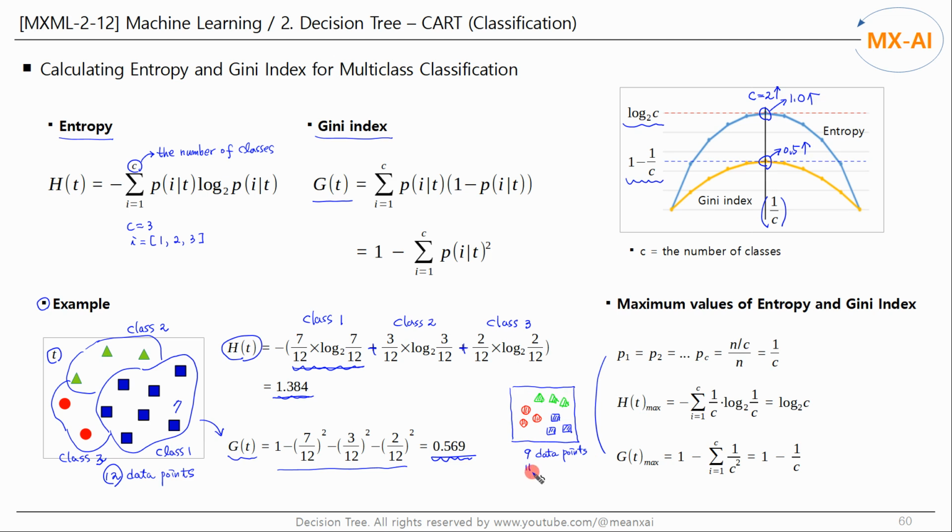In general, if a node contains n data points in C classes, the impurity is maximized when each class has n divided by C data points. This corresponds to each class having a probability of 1 divided by the number of classes. If we substitute this probability into the entropy formula, we obtain the maximum entropy, which is log base 2 of the number of classes.